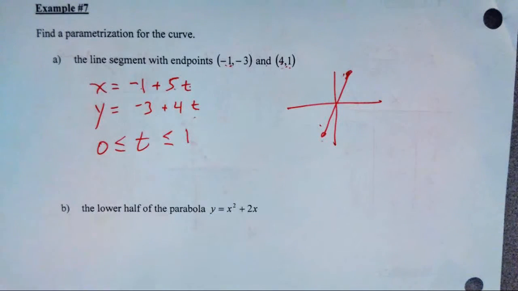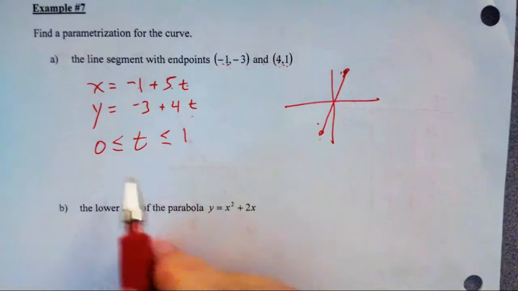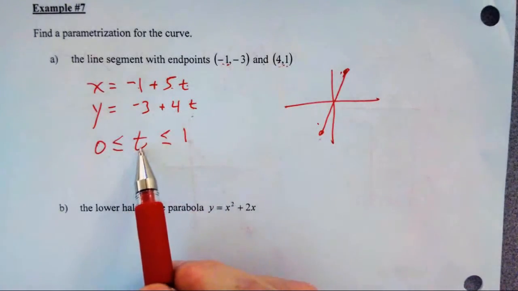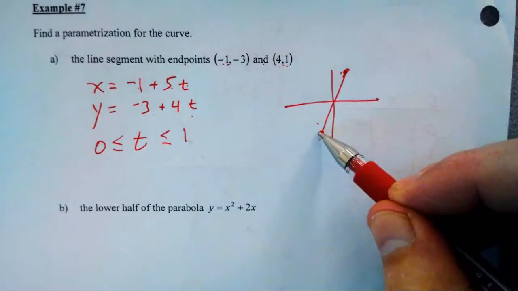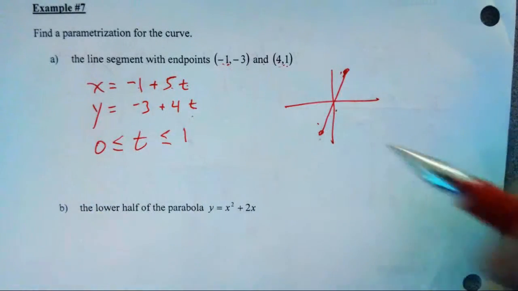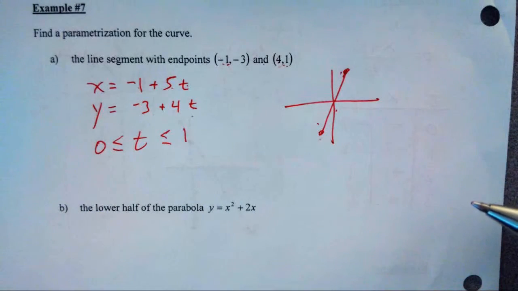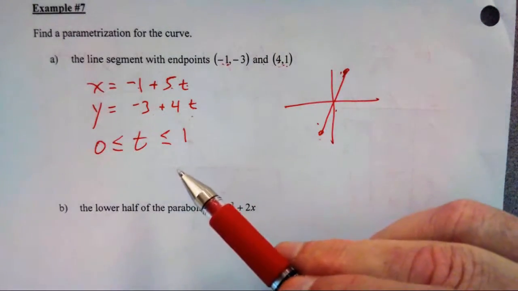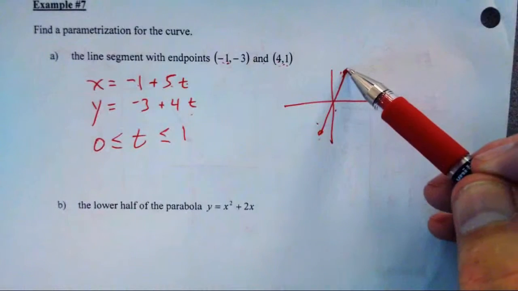So it's not two values, 0 and 1. It's 0 and all the values between 0 and 1. If I allow, let's say I allow t to be 1/2. I start here, x goes over 2.5, y goes up 2. Is that all right? But then I allow t to go all the way up to 1. We fill in the rest.